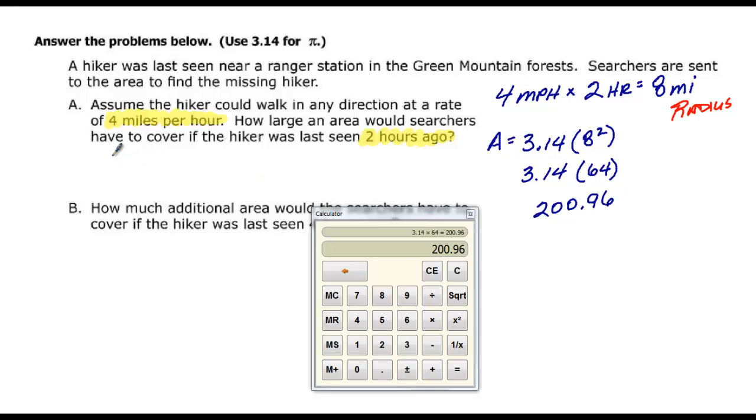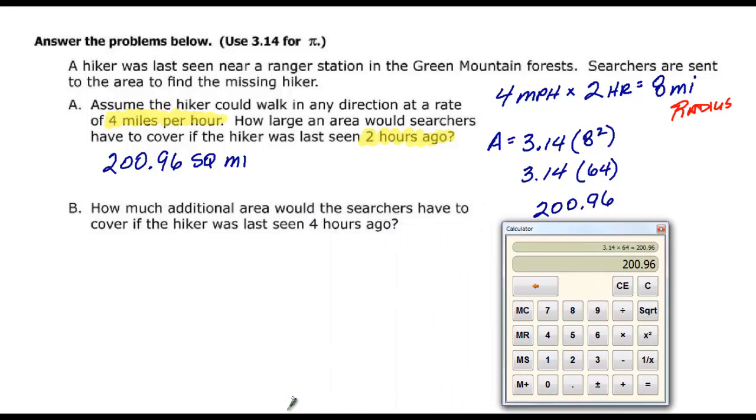So the answer to part A is 200.96 square miles. Part B, once again, asks us to find the additional area. How much more? Think of that. When you see additional, think how much more, which should make you think difference.